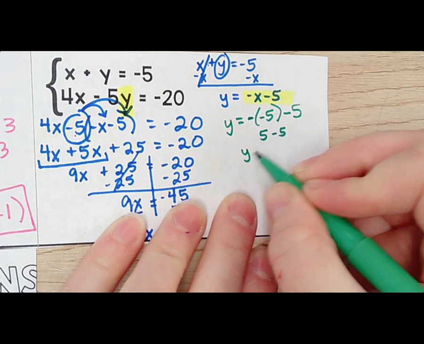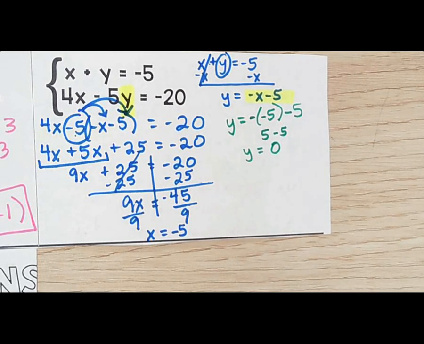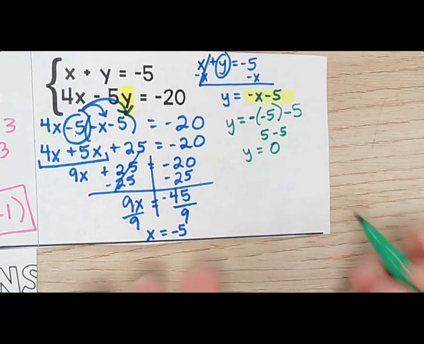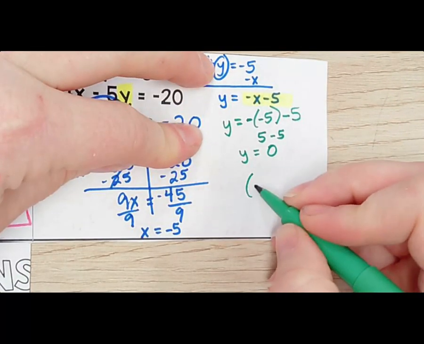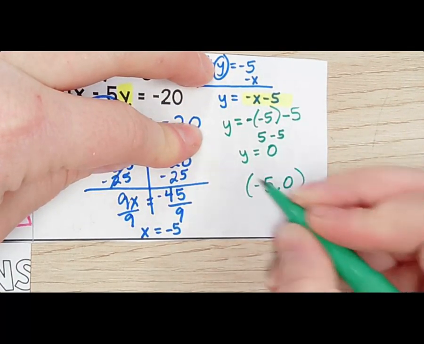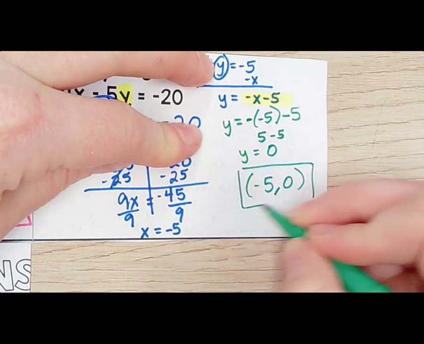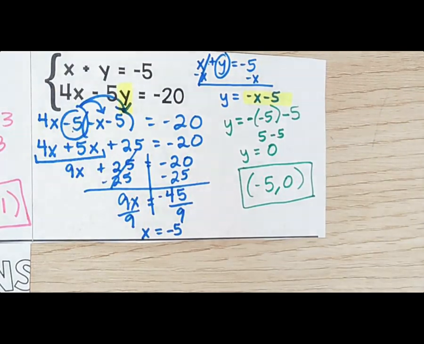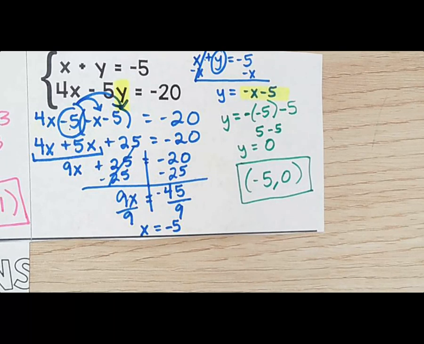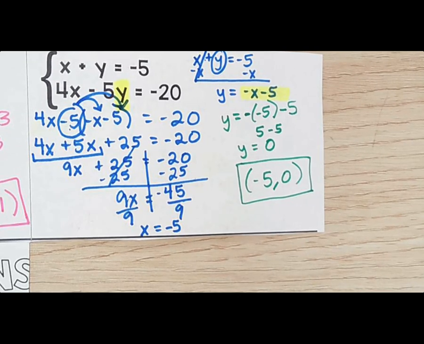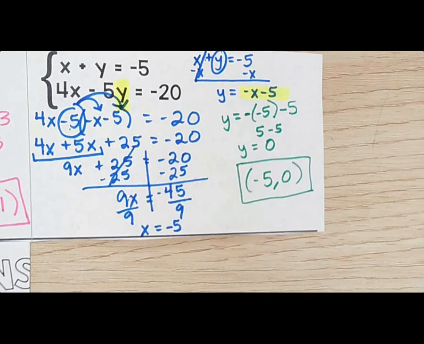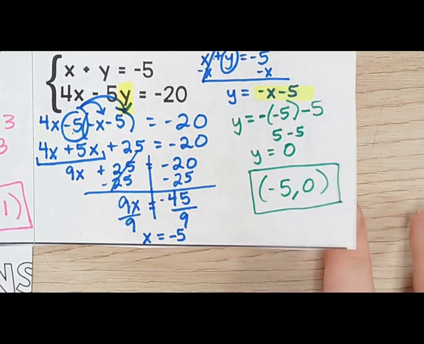So what does y equal? 0. So then our solution as x, y is -5, 0. It's a solution to that system. Do you have any questions on it?